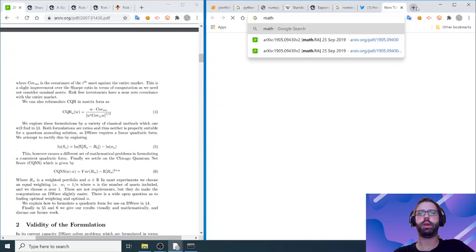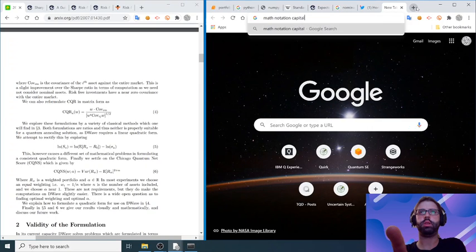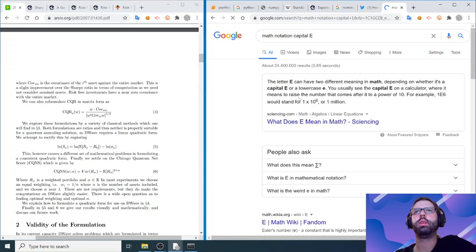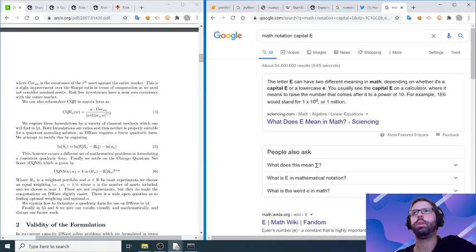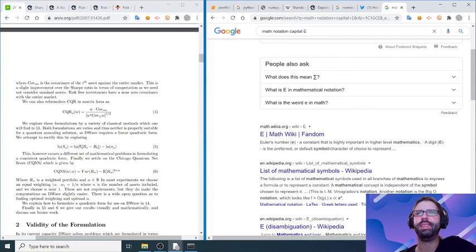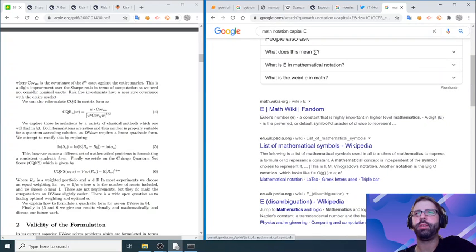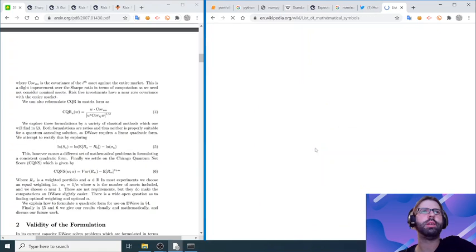Math notation. Capital E means to raise the number that comes after it to a power of 10. No, that's not what I meant. List of mathematical symbols. That's not what I meant.